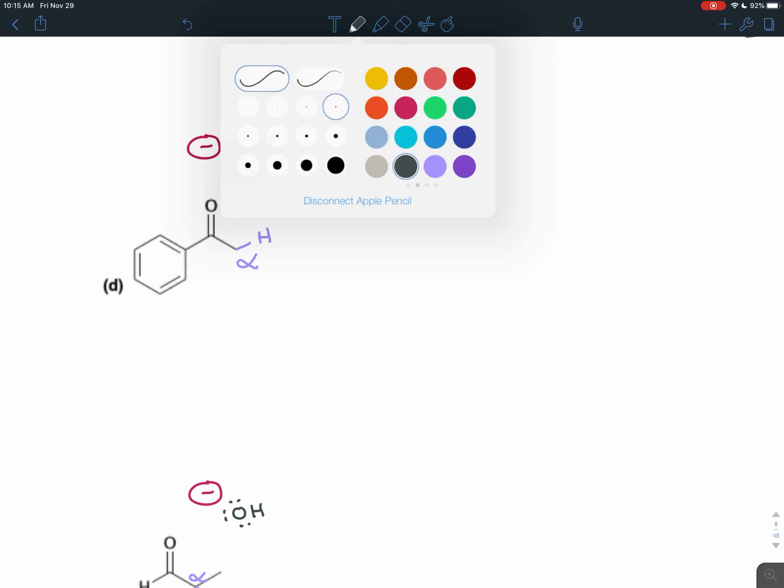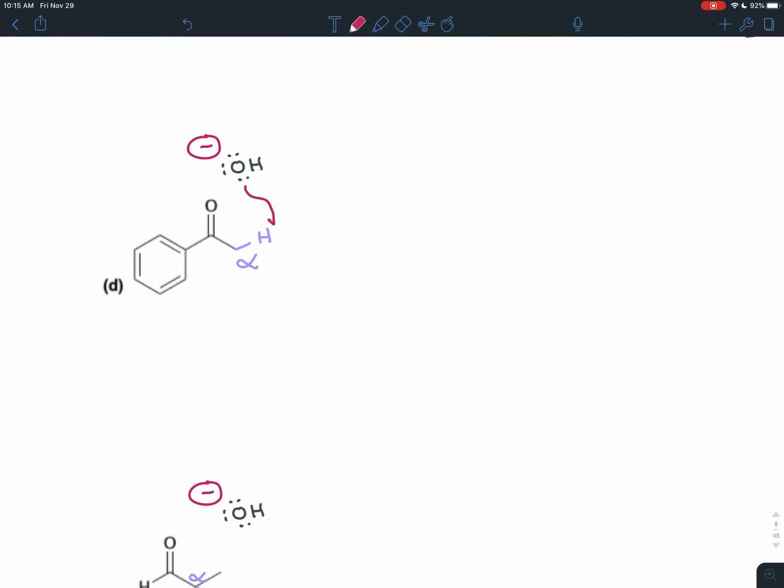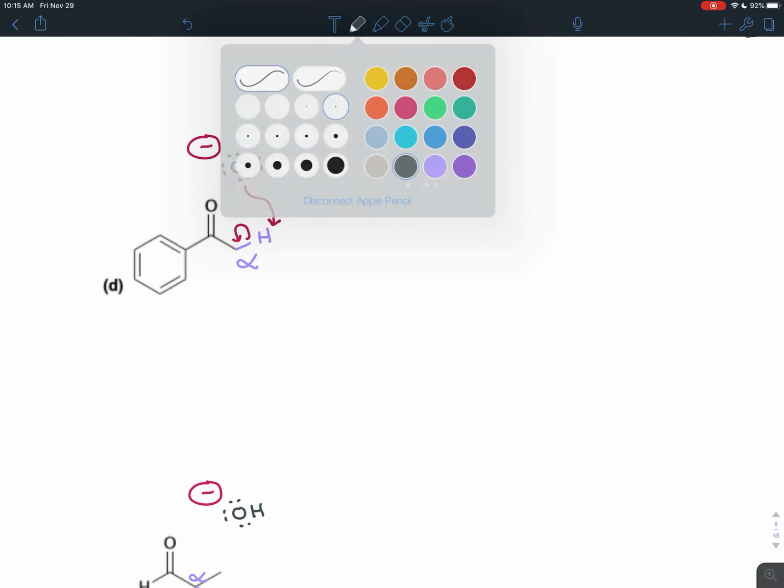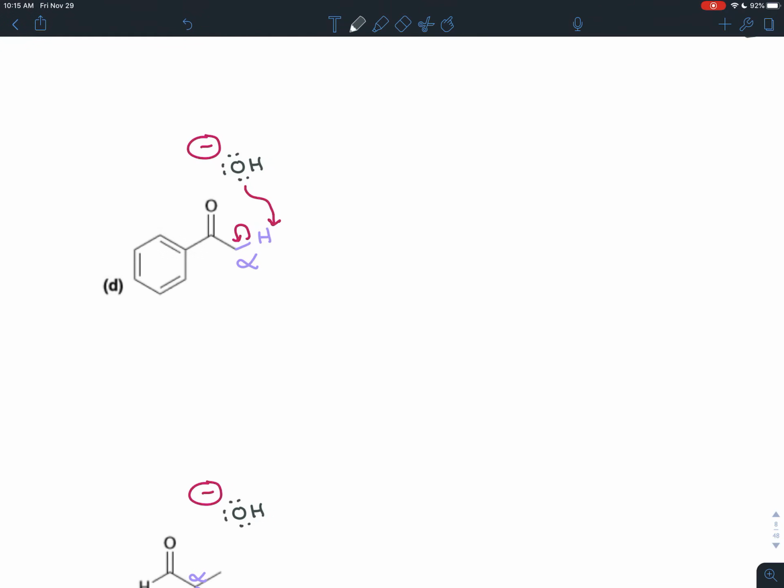So the base steals the alpha hydrogen, the electrons snap back onto that alpha carbon, and that hydrogen is able to be ripped off because the conjugate base it leaves behind is stabilized through resonance with the carbonyl, as we shall see in a second.